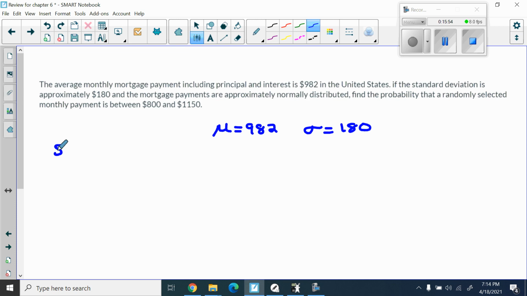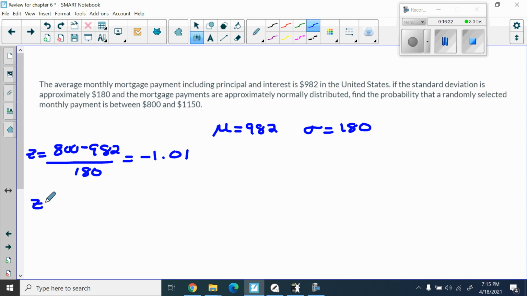So we're going to do 800 minus 982 divided by 180. That's going to give me the lower z-score. So I'm going to do that 800 minus 982, and then I divide that by 180. That gives me negative 1.01.